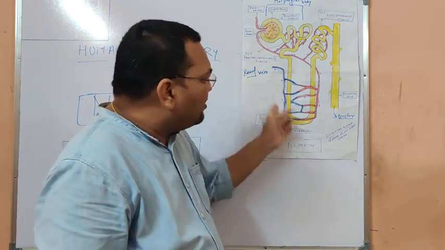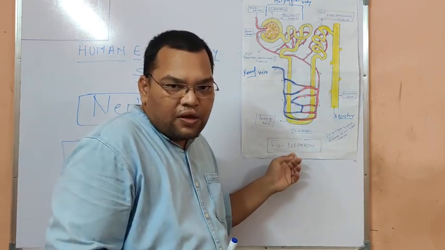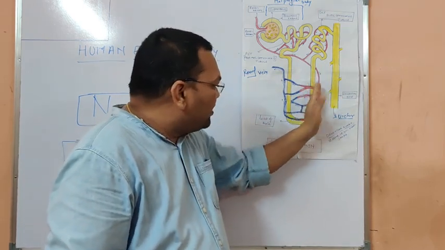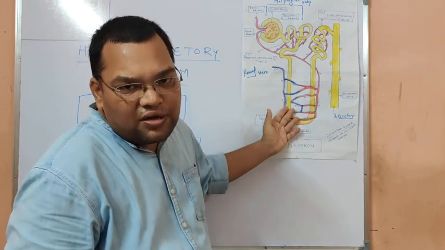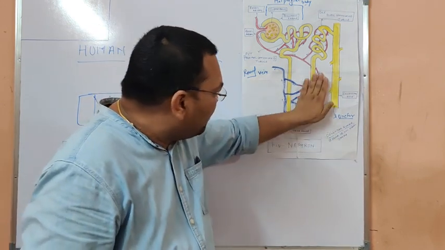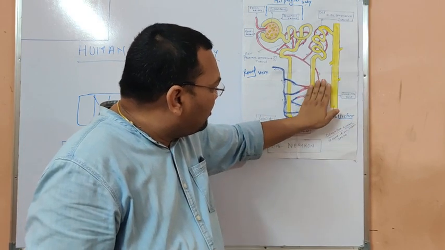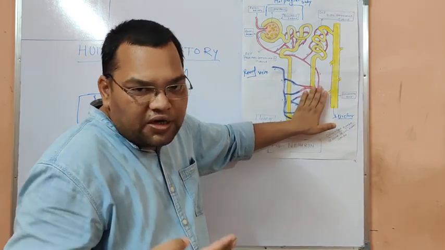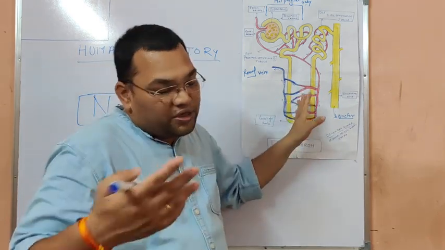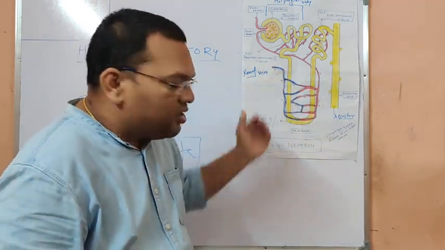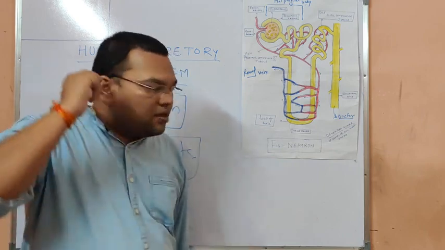These kidney cells also need oxygen. So here the oxygen is utilized and carbon dioxide is removed into the blood. So here the blood goes from the oxygenated form to the deoxygenated form. Got it?